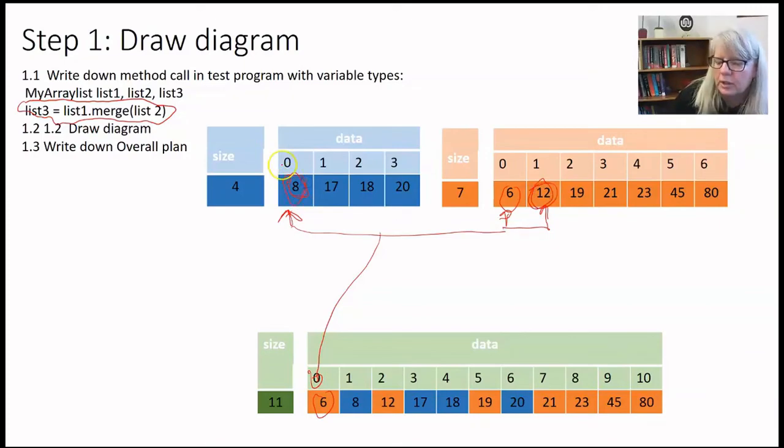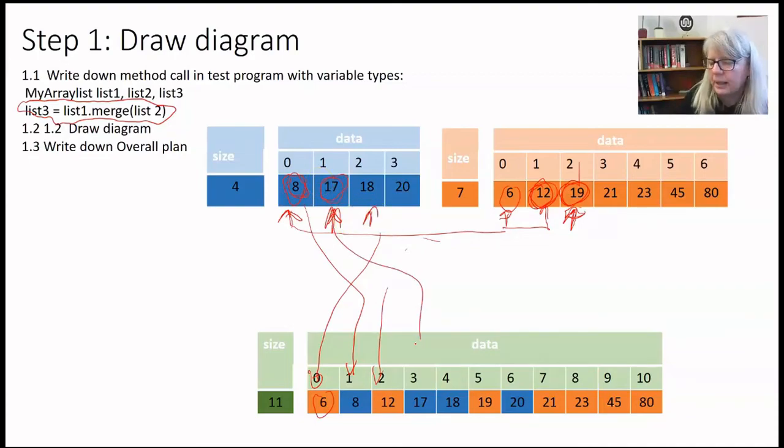Put the smallest one in the list and increment the counter. We will compare the two numbers at the counters. Now I compare the 17 with the 12. Put the smallest one in the list, there's the 12 in the list, and increment that counter. Now I compare the 19 with the 17. Yes, you are right. The 17 goes to the list, and I increment the counter.